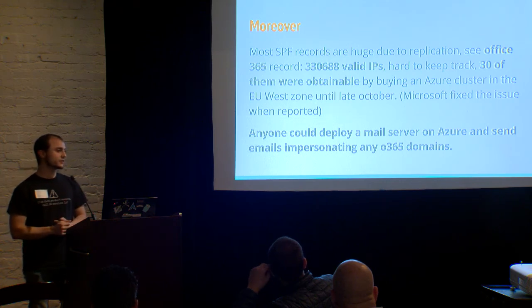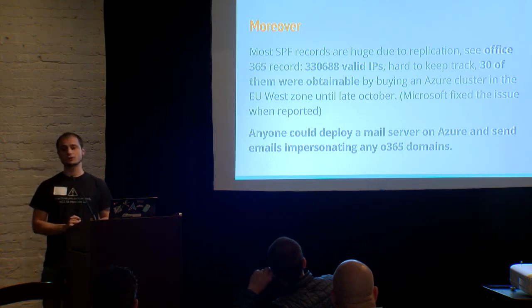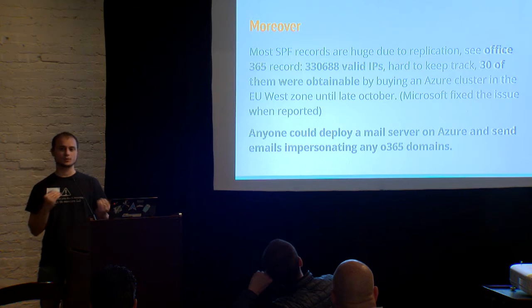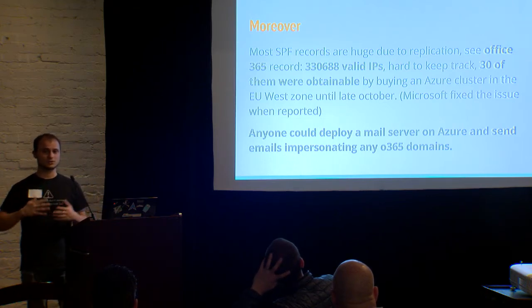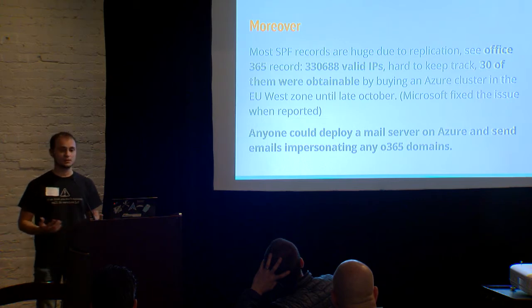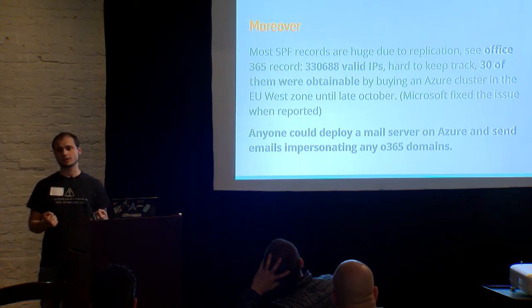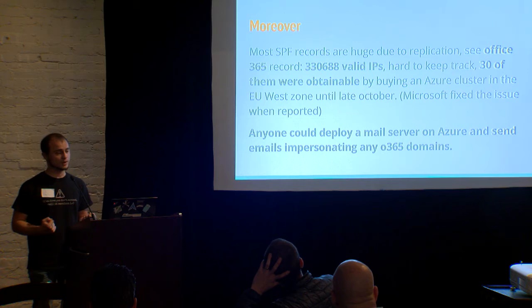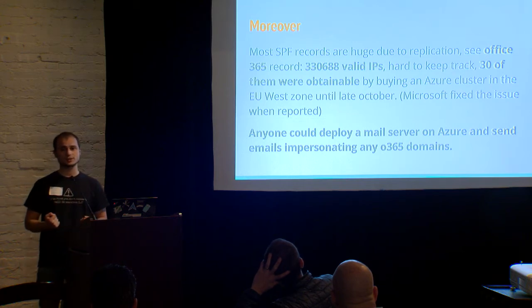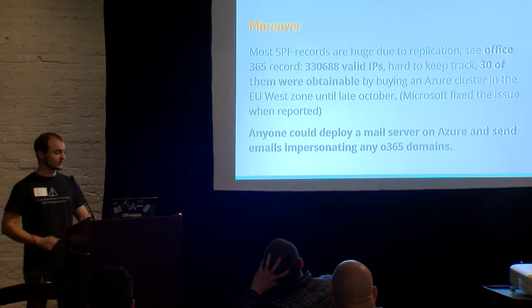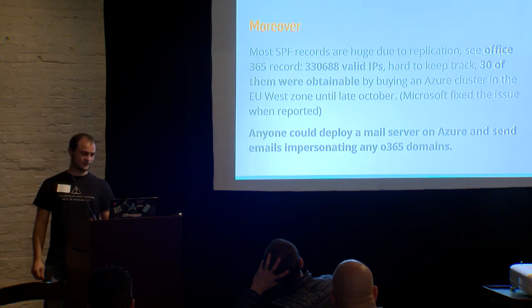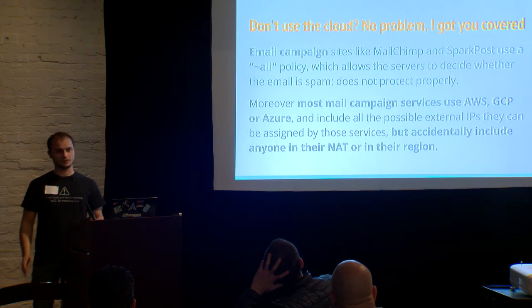Thirty of them were left over, and when they repurposed them, they moved them to Azure, probably because Azure is always expanding, but they forgot to remove them from their SPF record. So anyone able to buy a cluster in the Europe West region for Azure was able to send email on behalf of anyone subscribed to Office 365, including my company. So that was a problem.